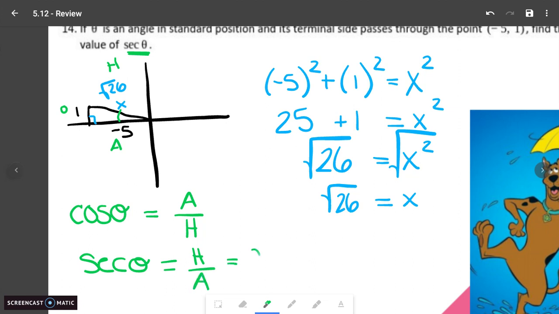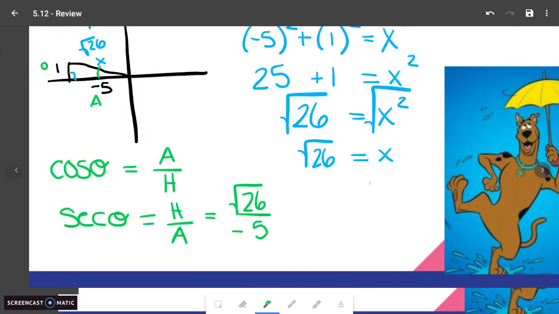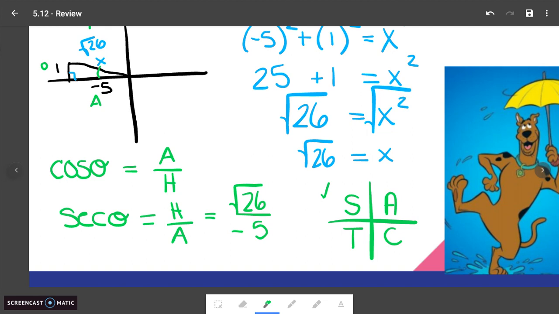So the hypotenuse we just found is the square root of 26 over the adjacent of negative 5, which does check out because, remember our phrase for ASTC, it's in the second quadrant, so cosine is negative, which means secant is also negative. So negative radical 26 over 5.